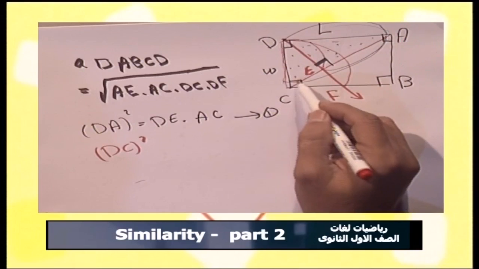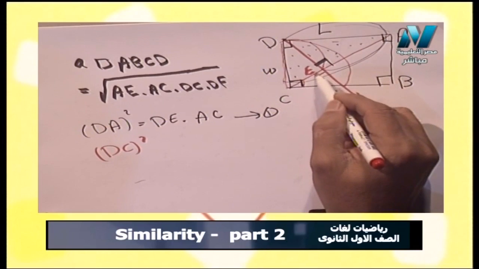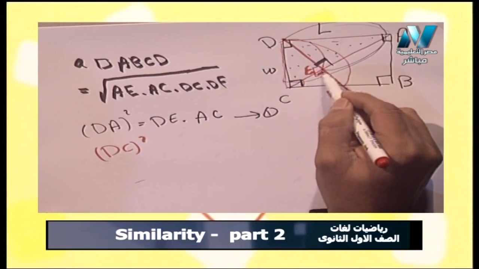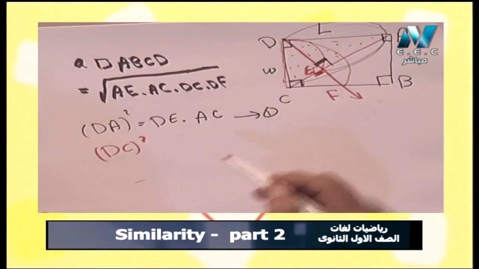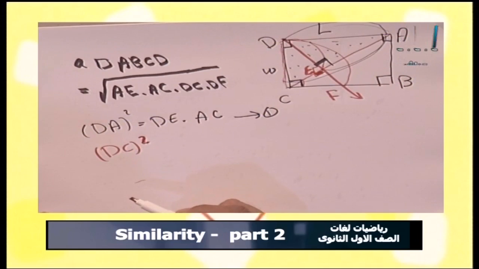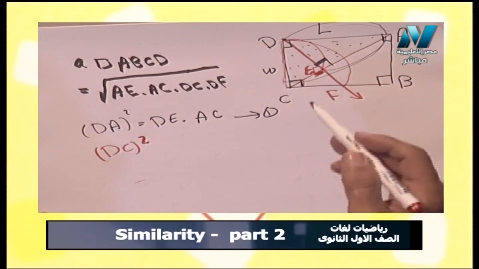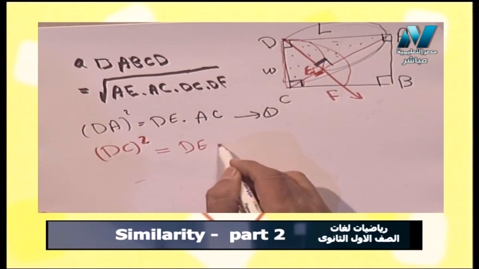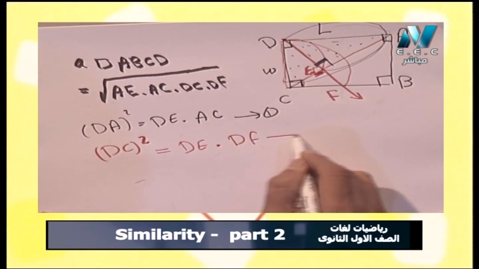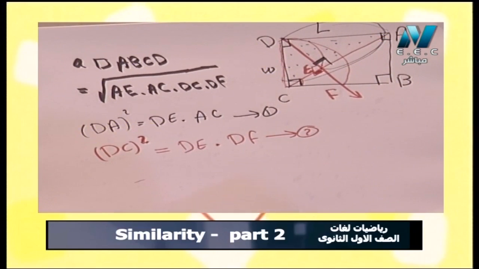Why? Because we have a right angle here and it is perpendicular here, from similarity or Pythagoras theorem. So DC^2 here equals DE multiplied by DF. This is equation number 2.